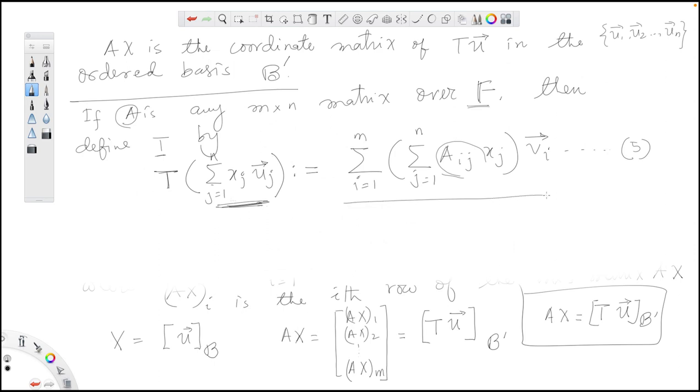And this whole thing is in the vector space W. Why?